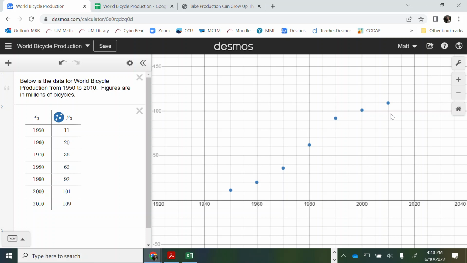So that's really the first part. The first graph that you need is a picture of the function itself. And then the next thing you need is a sense of its first derivative. You can look at this graph and think, okay, we're really talking about the slope of this line from 50 to 60, the slope from 60 to 70, 70 to 80, 80 to 90, 90 to 2000, 2000 to 2010.